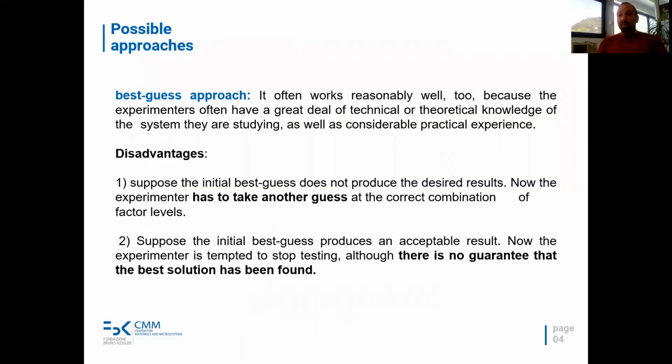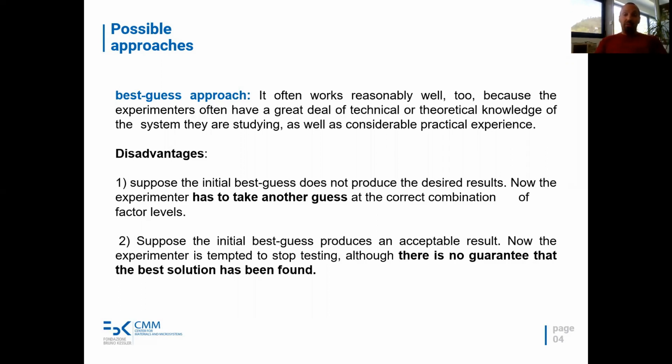So we could choose different approaches. One of them is the best guess approach, which works reasonably well if we have some technical or theoretical knowledge of the system we are studying. However, it has two main disadvantages. The first is that if we do not get a good result from the initial guess, we have to take another guess, and this could repeat forever.